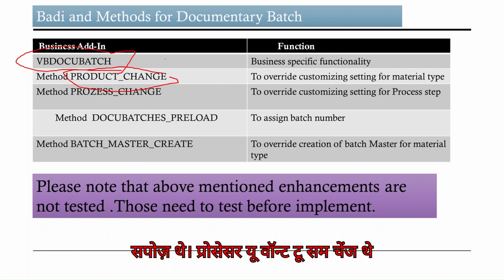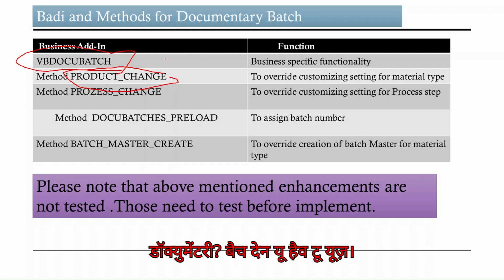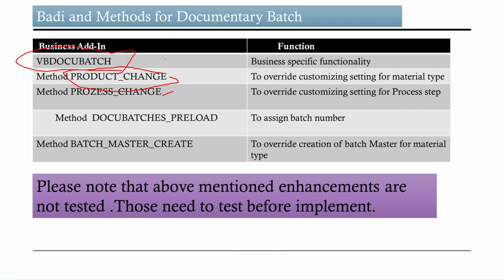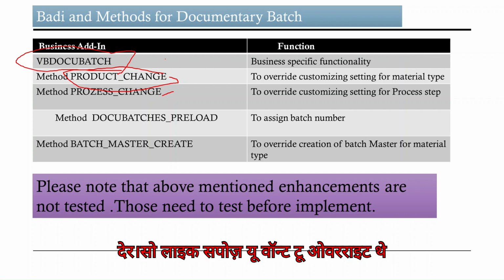Similarly, suppose you want to change the process during which you want the documentary batch, then you have to use the method PROCESS_CHANGE. So there are different methods under this BAdI.